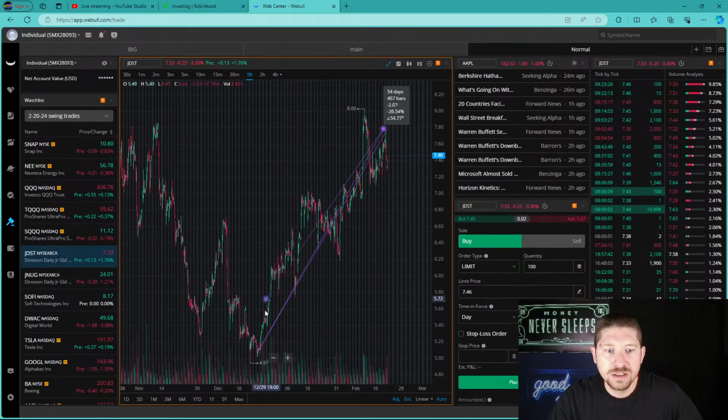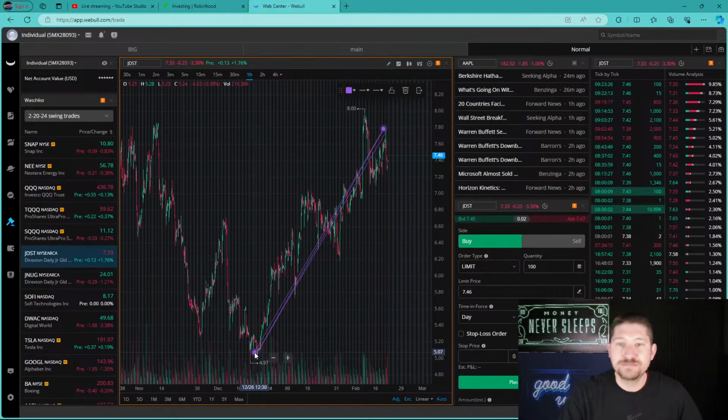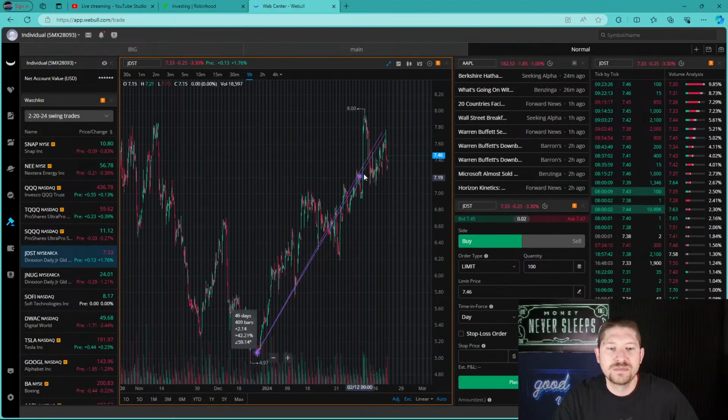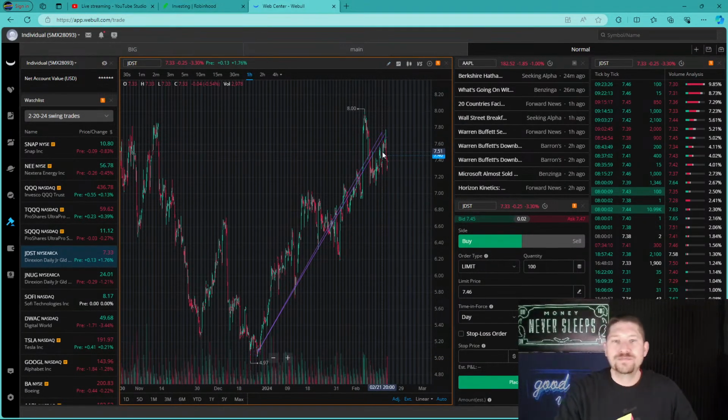Trend line. There we go. A matter of 35%, right? Oh, I was trying to look for days. My bad. Days. Woo! 57 days. So 2 months. 2 months, you put $500 in, and you could have made $246.